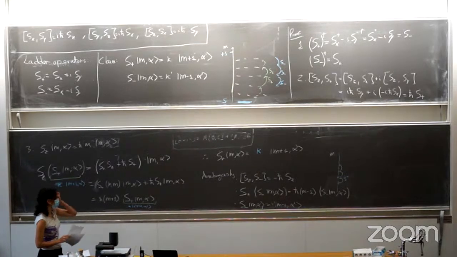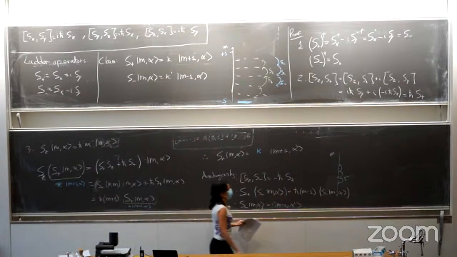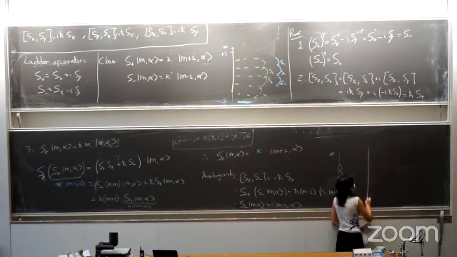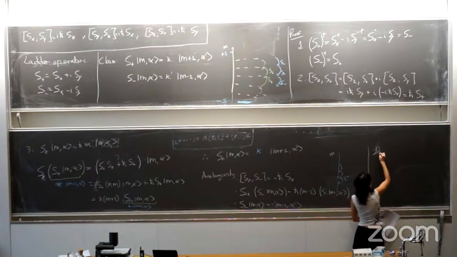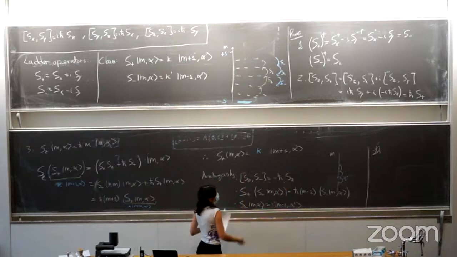So now what we have is this Hilbert space H_s, which is kind of an eigenspace of our operator S squared.